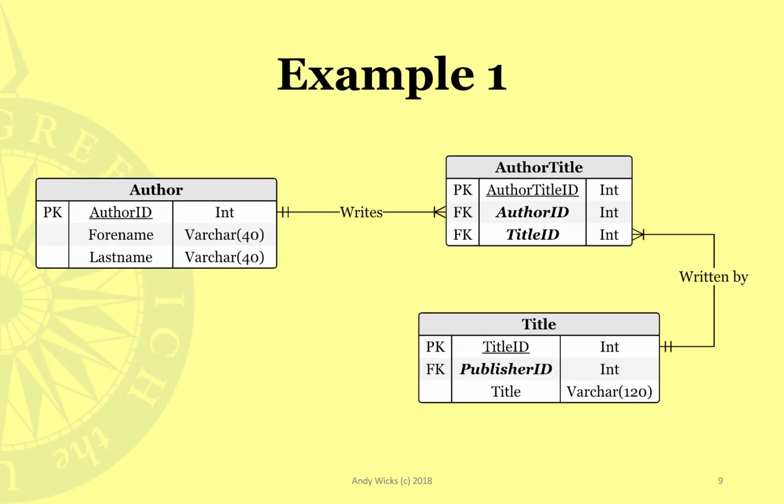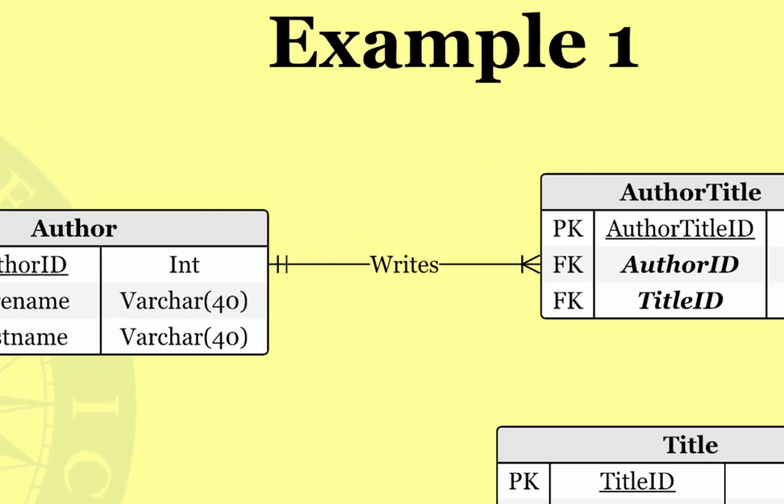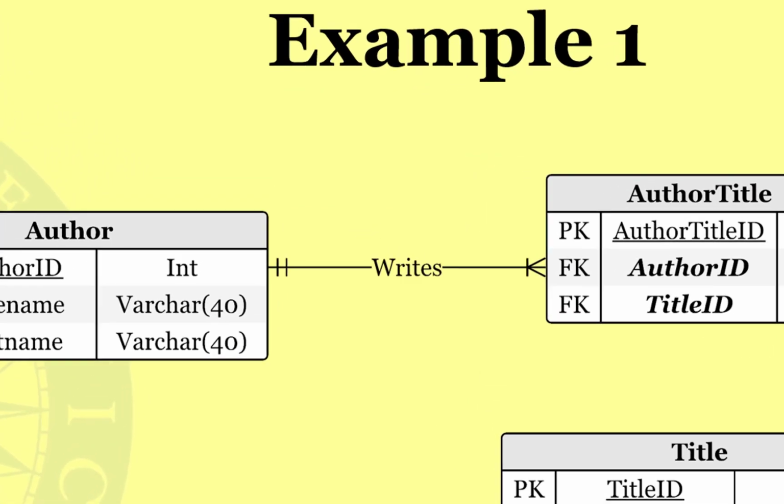Here's an example with an intersection entity. One author can write many titles. One title could be written by many authors. Therefore, we would have a many-to-many relationship, which, as we know, isn't allowed. So let's create an author-title entity in between. Well, if we look at an author, there must be at least one author there.